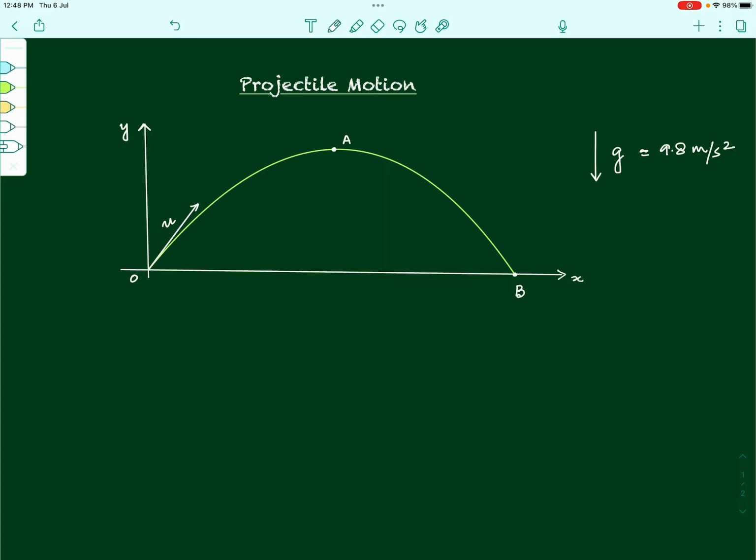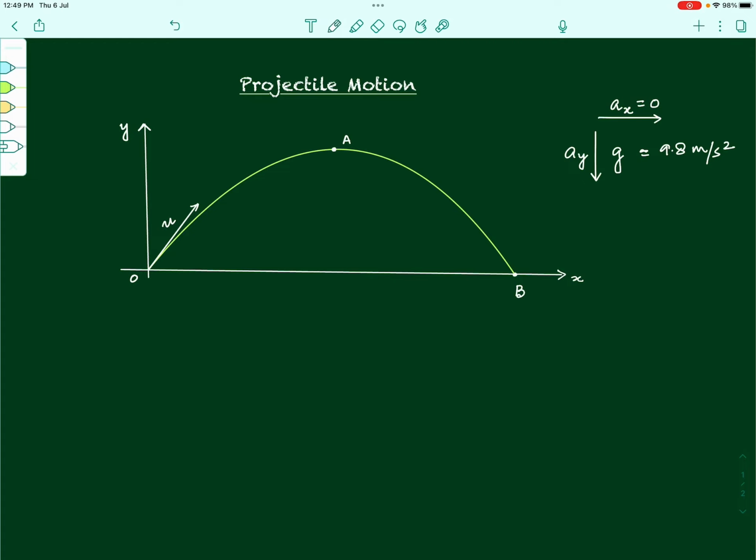So, do we see that the acceleration that a projectile undergoes is a constant? In fact, we know its direction also. It is always acting in the vertically downward direction. Along the horizontal, there is no acceleration. Acceleration along the x direction is 0. Acceleration along the y direction is g in the downward direction.